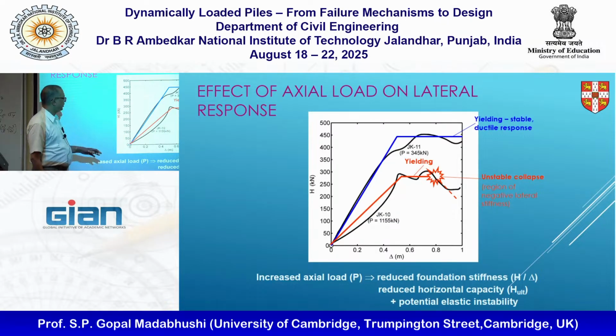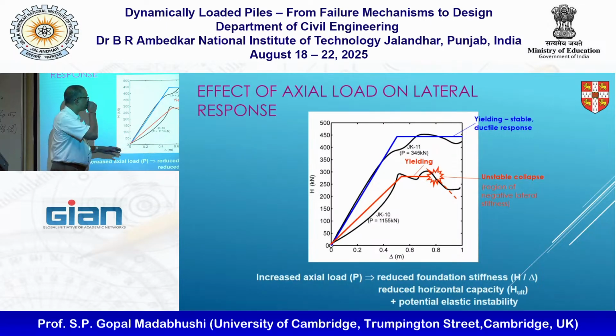So what you can do is look at where the pile will undergo ductile response, yielding and ductile response, and where it will undergo unstable collapse or buckling type failure. So what we are saying is the blue line and red line are obviously idealized lines.